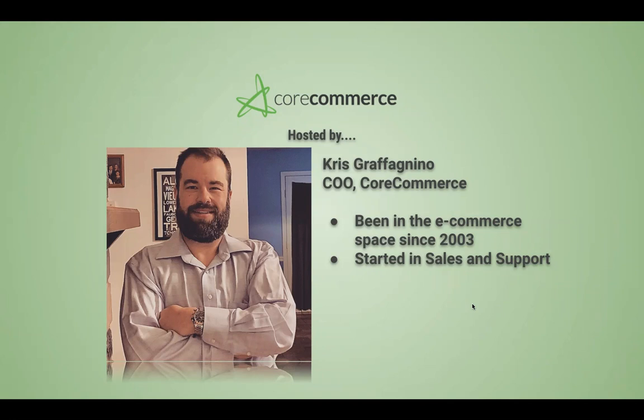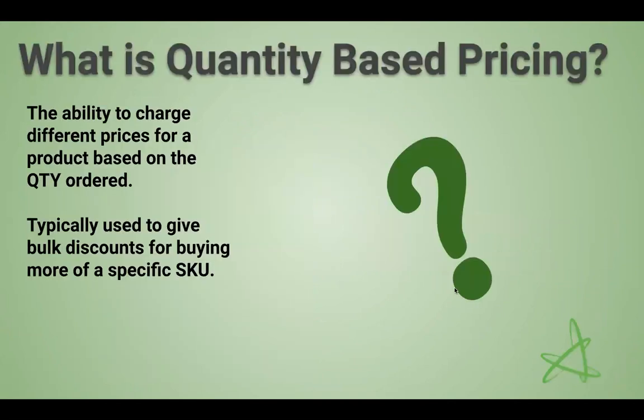Again, today's webinar is quantity-based pricing. And I'm going to start off by defining what quantity-based pricing actually is. It might seem pretty self-explanatory, and it typically is, but I like to just run through it either way so we're all on the same page. So quantity-based pricing is, in essence, the ability to charge different prices for the same item based on how many of that item you're putting in your cart.